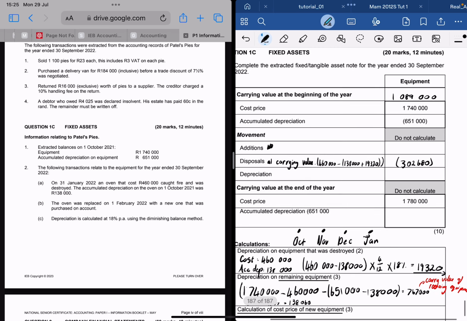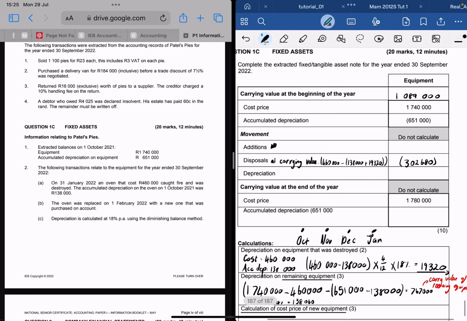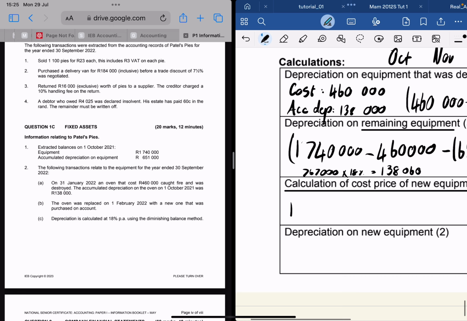Let's see. We have the cost price of the equipment at the beginning of the year. We have the cost price of the equipment at the end of the year, don't we? We've got both of those. So we can make use of that to calculate our addition, right? Because at the beginning of the year, we had 1.74 million.